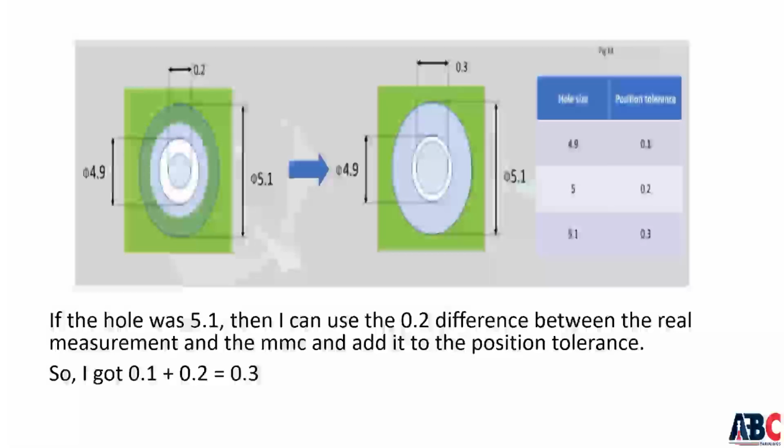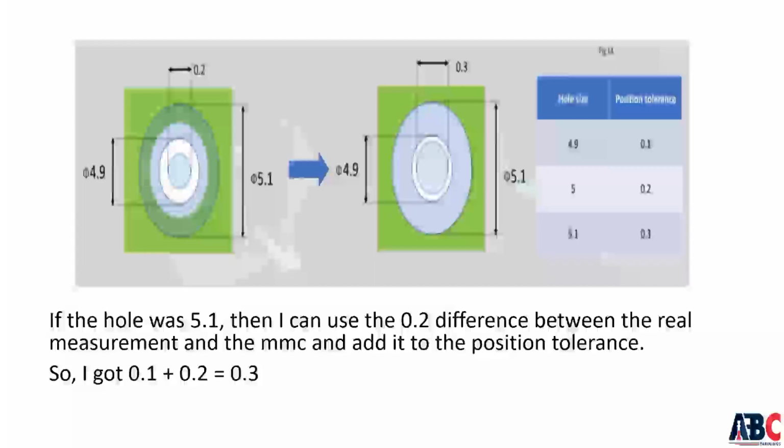And if the hole was 5.1, then I can use the 0.2 difference between the real measurement and the MMC and add it to the position tolerance. So now I get 0.1 plus 0.2, which equals 0.3. By doing so, we allow the manufacturer to have more deviation in one tolerance if the other tolerance is precise.